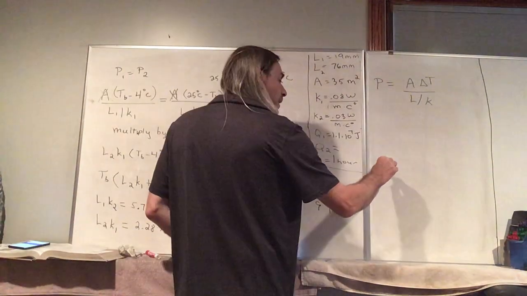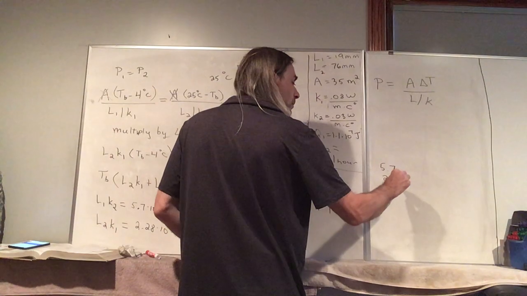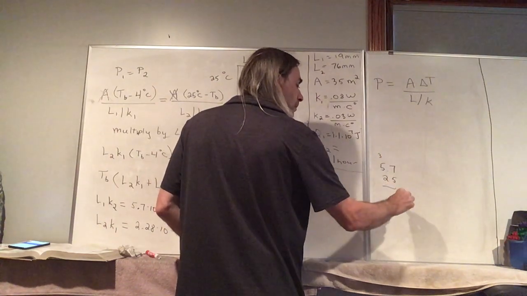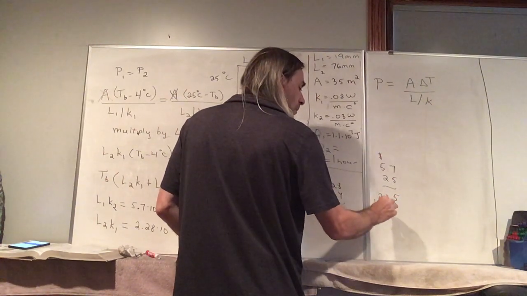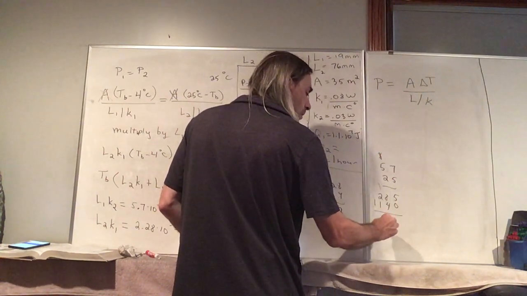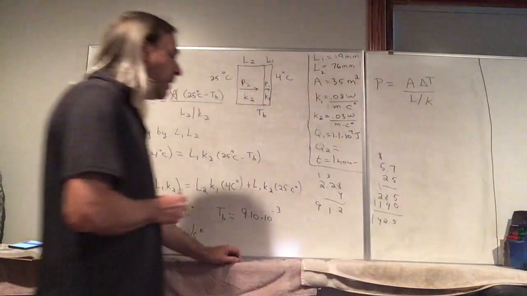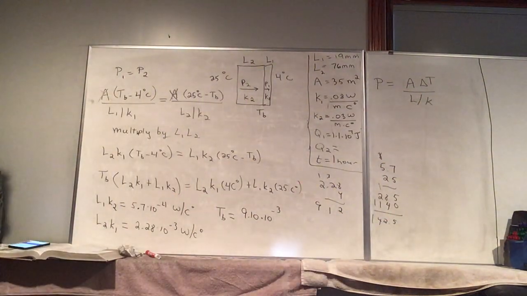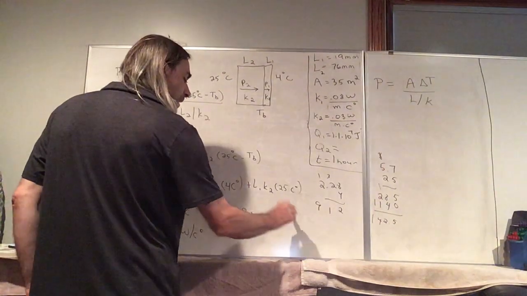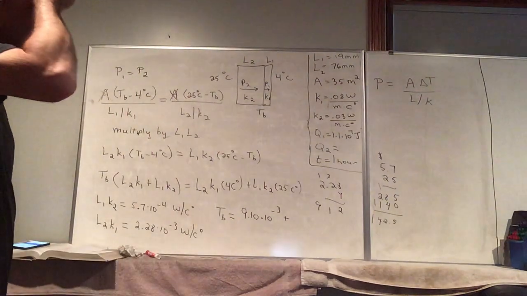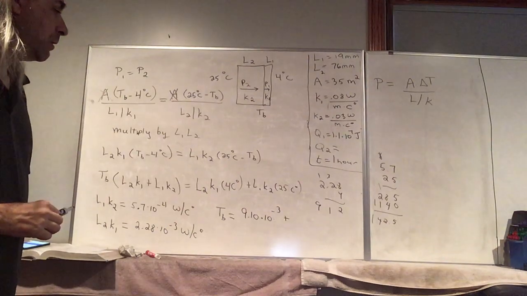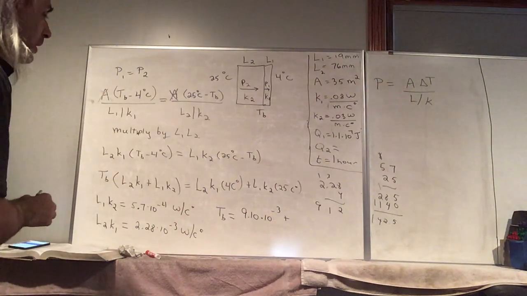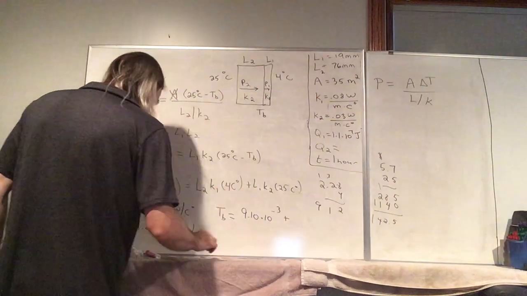Let's do 5.7 times 25. So that's 142.5. I want to get the same exponent though. So that'd be times 10 to the negative 4. So we want to get the same 10 to the minus 3 exponent.